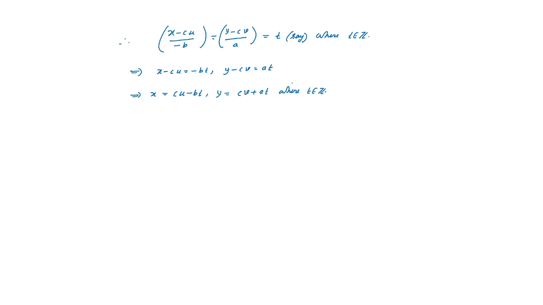So this is the general solution: x equals cu minus bt and y equals cv plus at, where t is an integer: 0, plus minus 1, plus minus 2, plus minus 3, and so on.